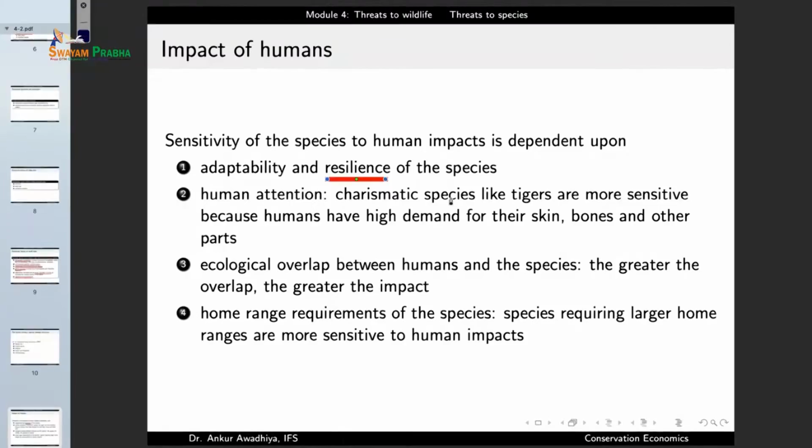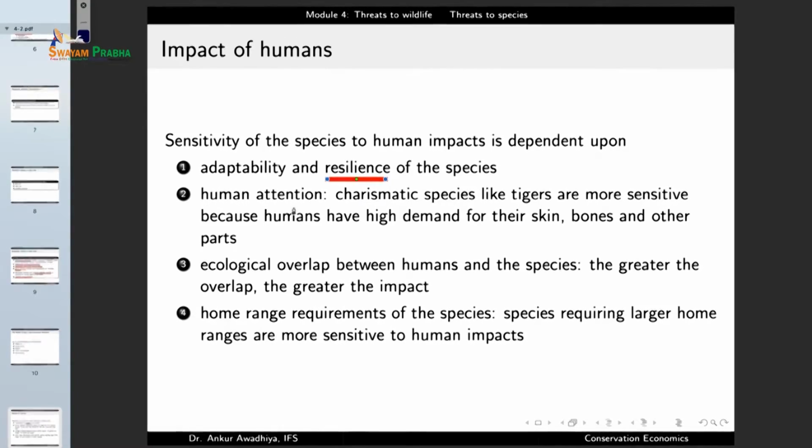So the impact of humans on a species depends on how resilient the species is. Is it a species like rats and mosquitoes that is very resilient, or a species like elephants that is not resilient? The adaptability and resilience of the species has a very important bearing on the impact of humans on that species.